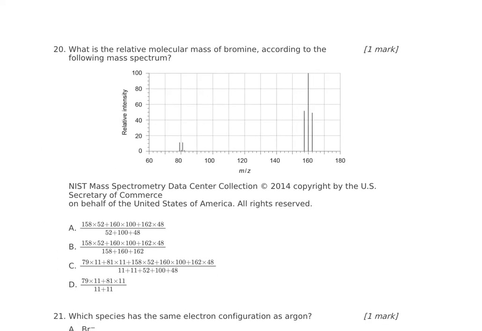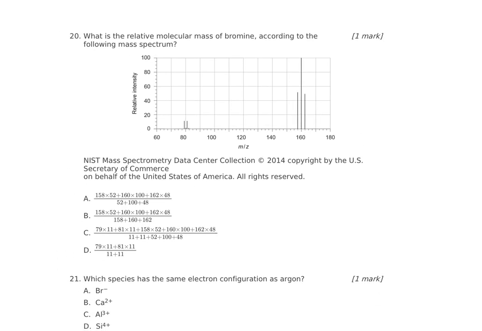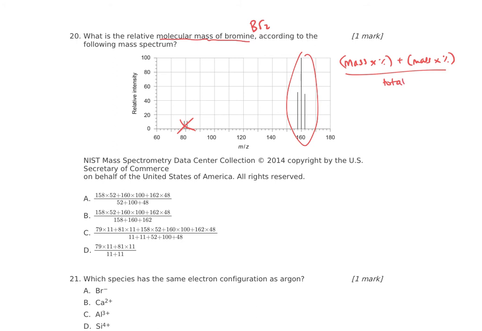Number 20, what is the relative molecular mass of bromine. So if I'm talking about the molecule of bromine, it's a diatomic molecule, so it forms Br2. So we're not looking at the single atoms of bromine, so we're only interested in the molecules of bromine. So remember, to find out your RAM, it's going to be mass times abundance plus mass times abundance, and that again for this one, divided by your total percentage. And be careful, it's not always 100. If we look, this peak itself is 100.